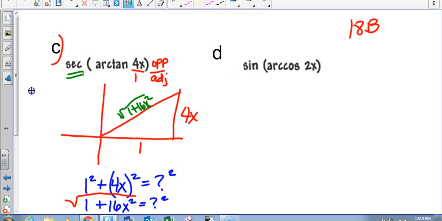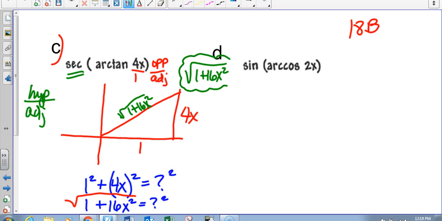Secant is hypotenuse over, cosine is adjacent. Yeah, it's hypotenuse over adjacent. So final answer? Yeah, square root of 1 plus 16x squared or 16x squared plus 1 all under the radical, because then adjacent is just 1. We good? Yep. Okay.